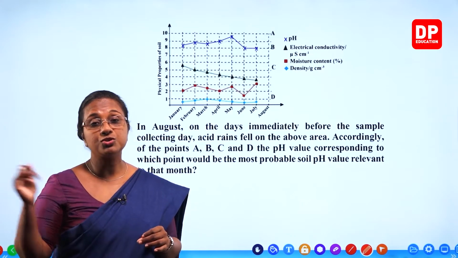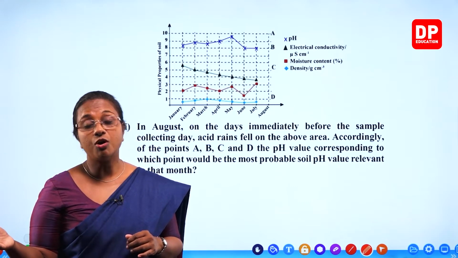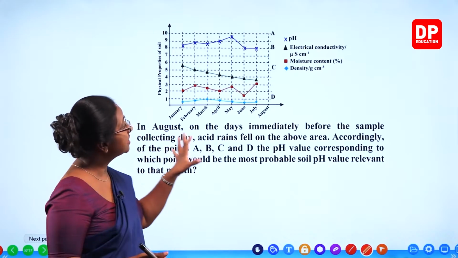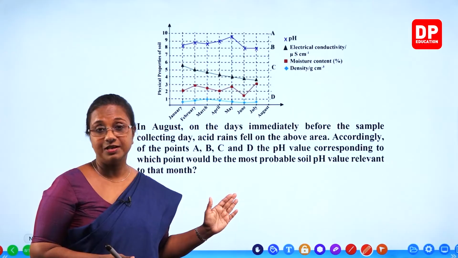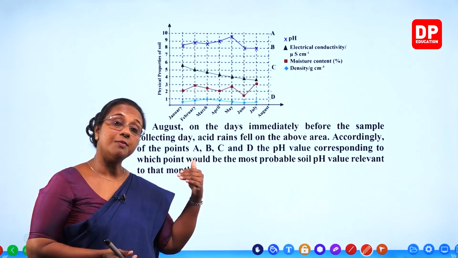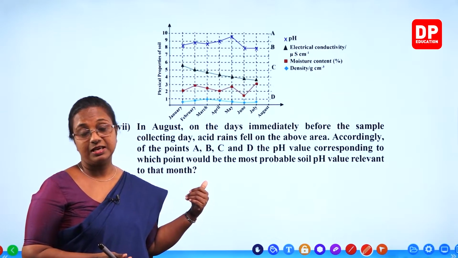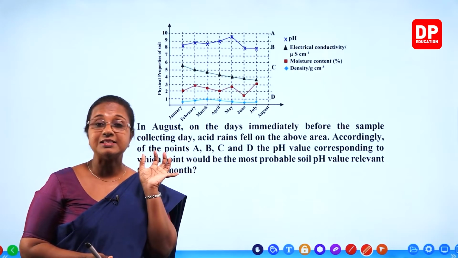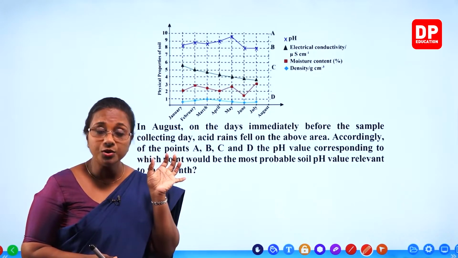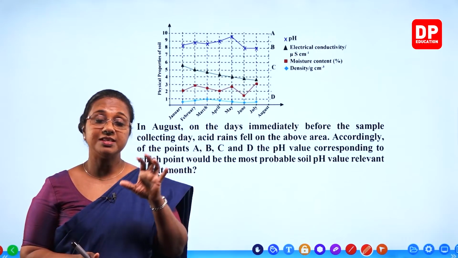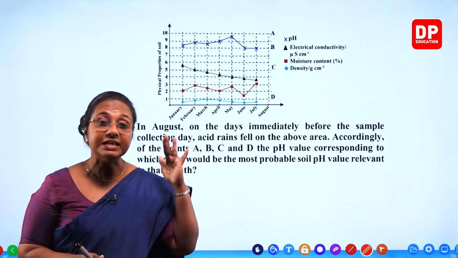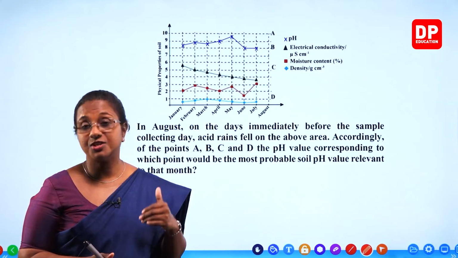And when you go closer to 14, it is strong bases. Now here, acid rain, it is acidic, so it has to be less than 7. And also it can't be really strong acidic. So it has to be a weak acid region. Although the acids in acid rain are sulfuric acid, sulfurous acid, nitric acid and all that, the amount of acid, the concentration is less.